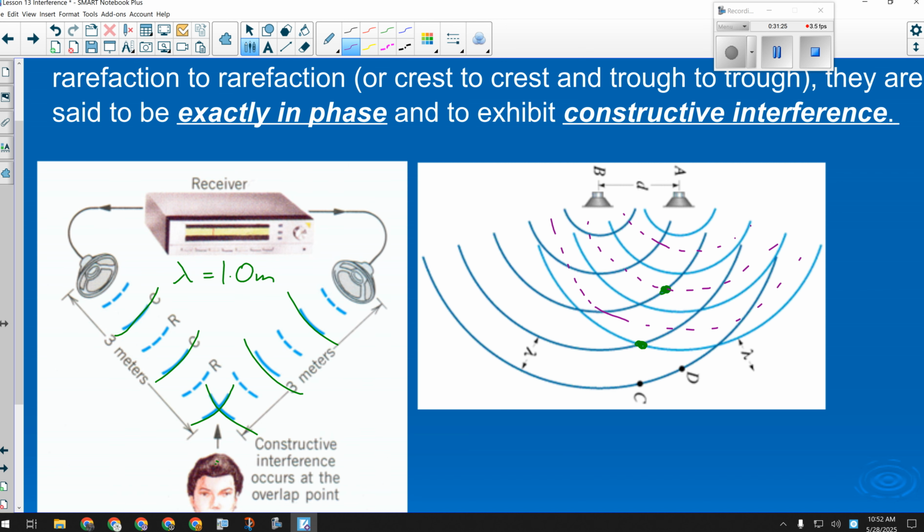So those are the troughs from speaker A. The light blue are the crests, these are the troughs. So that person is hearing what? Nothing.